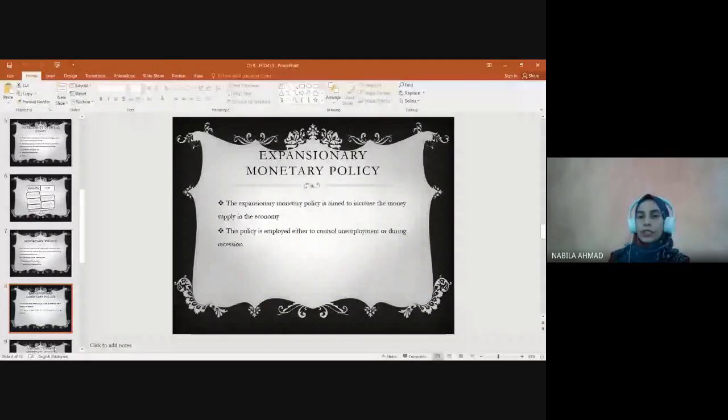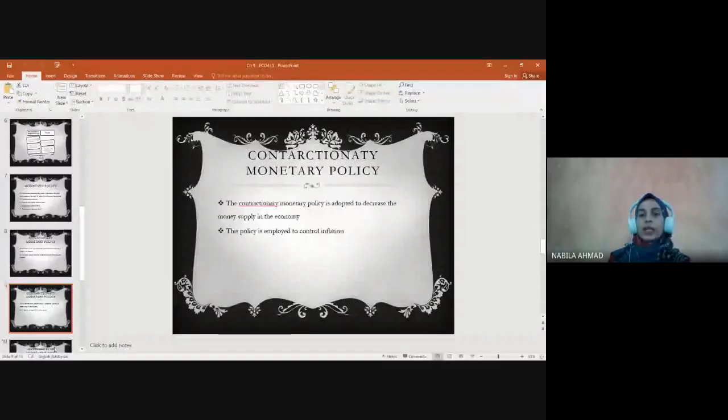The expansionary monetary policy is aimed to increase the money supply in the economy. So this policy is employed during recession or unemployment. Jadi expansionary monetary policy pun akan digunakan apabila berlaku unemployment atau recession. Kemudian contractionary monetary policy is adopted to decrease the money supply in the economy. So this policy is employed during inflation.